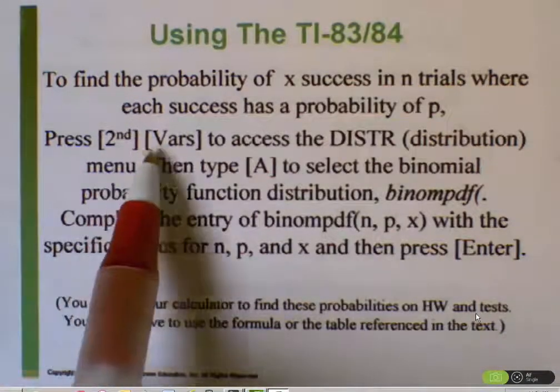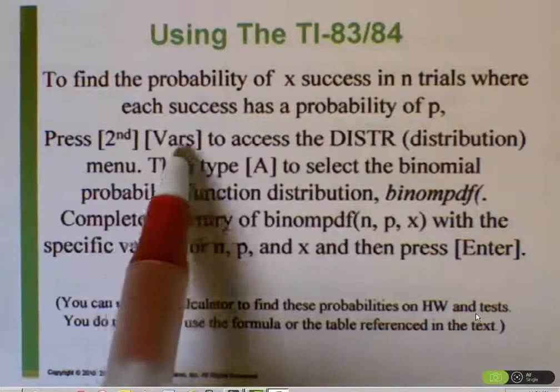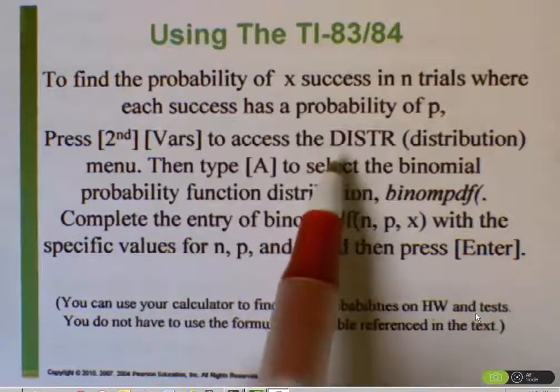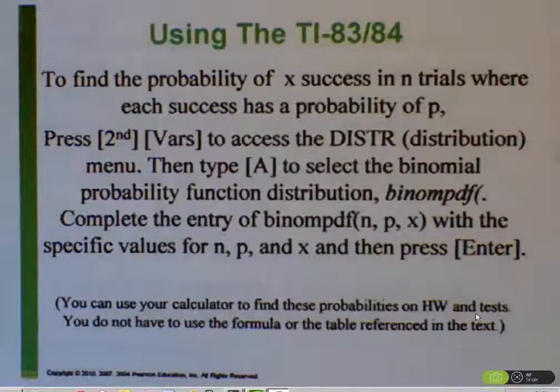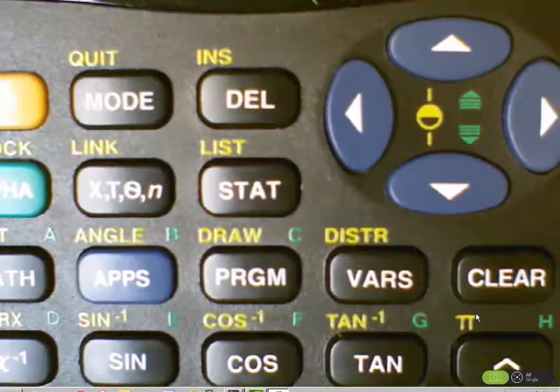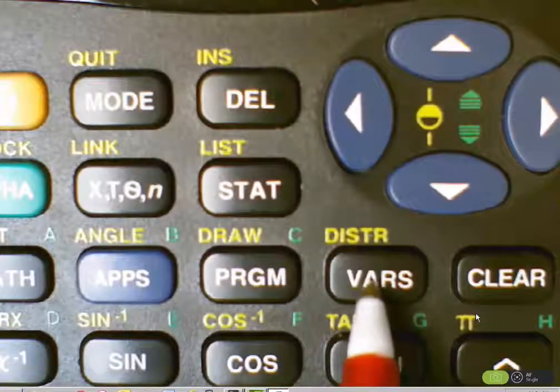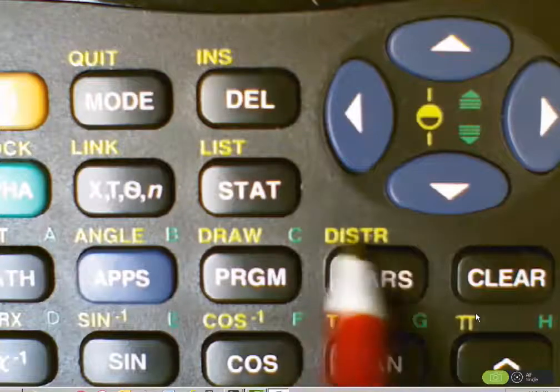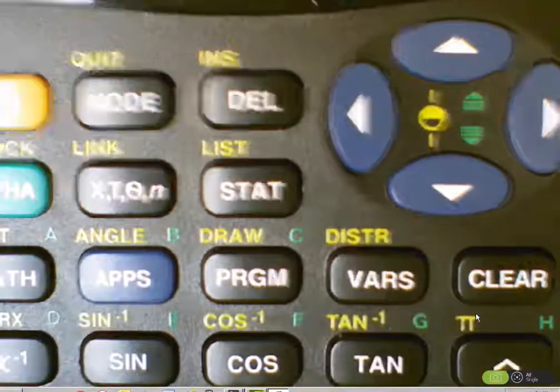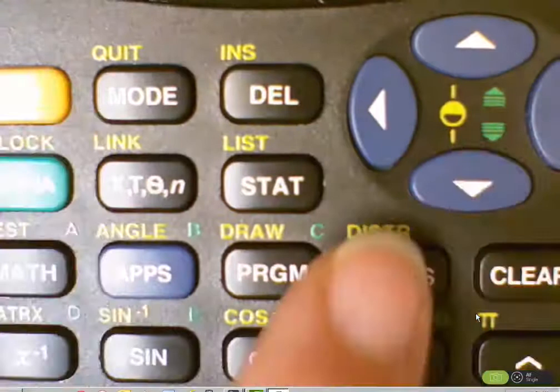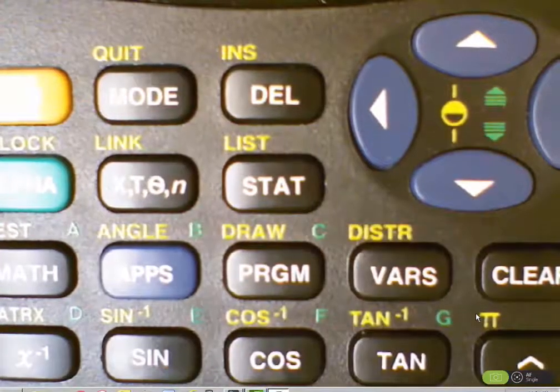Choose second and VARS. Right above your VARS button on the calculator, it says DISTR, and that stands for distribution. We're going to talk about several kinds of distributions, but because distribution is in yellow above the VARS key, to access it, I have to press second and then VARS. Well, maybe I should turn it on first.